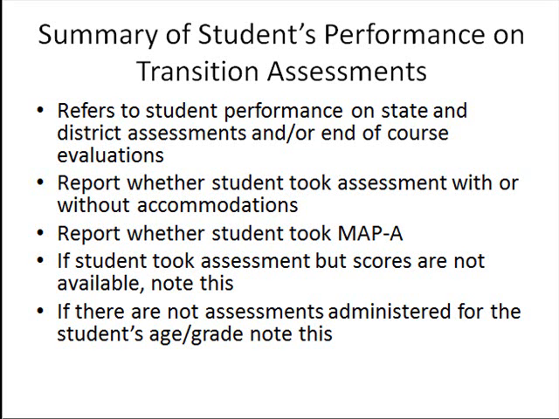If the student took the assessment but the scores are not available, which sometimes happens, you note this: student took this section of the MAP in spring of 11, scores are not currently available. If there are no assessments administered for the student's grade or age, so the MAP isn't administered at this time, or end of course isn't administered, or we don't test basic skills in this grade level, you note that too. There are currently no assessments administered for the student's age and grade.